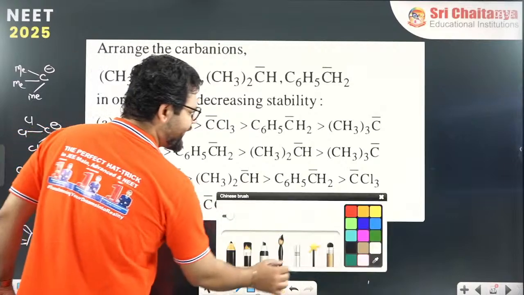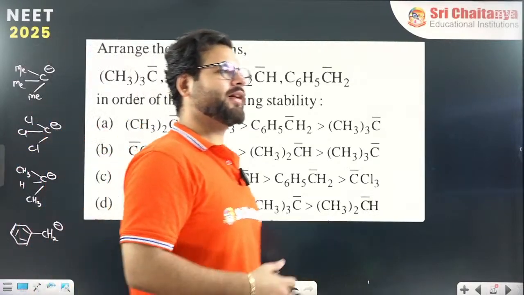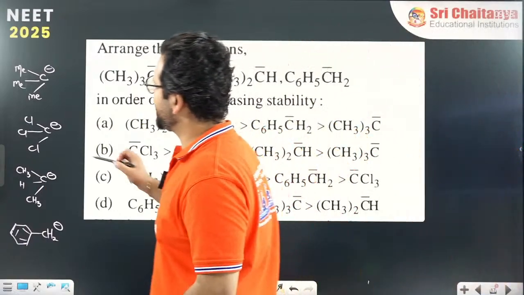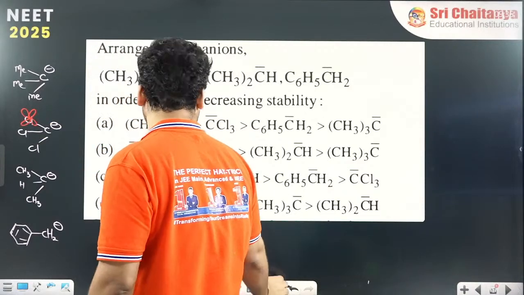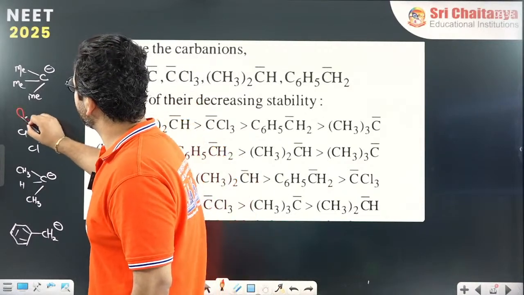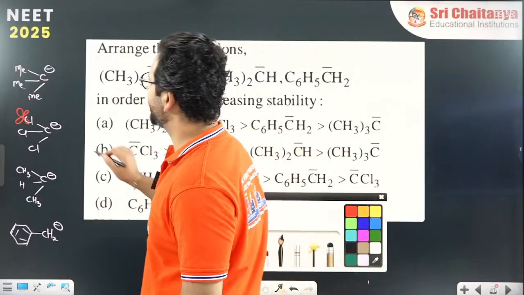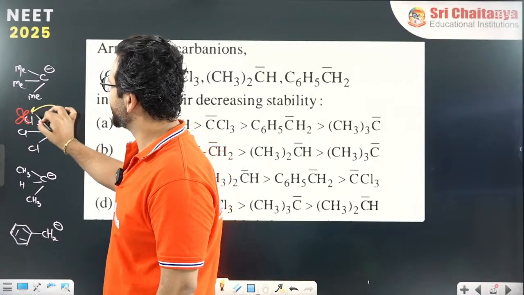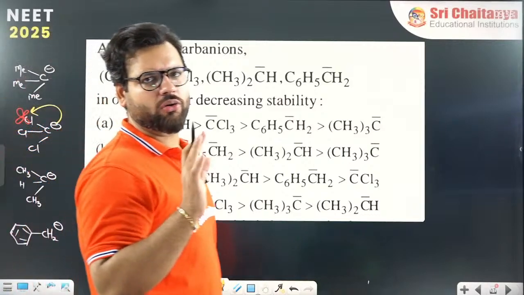So, if I look at their stability, I need to check what is happening to the electron. If someone is pulling electron from the carbanion, that is good for us. Remember this, whenever chlorine, sulfur, phosphorus are attached to a carbanion, they have empty d orbitals and can show very good resonance, back bonding we call it. So this minus can be donated into the empty d orbital. Fluorine cannot do that.